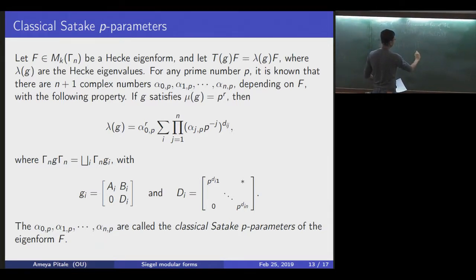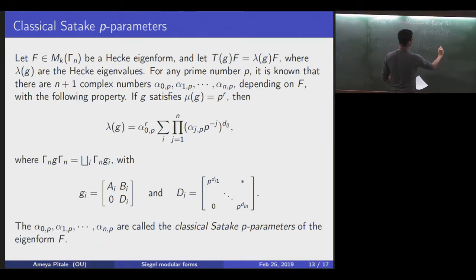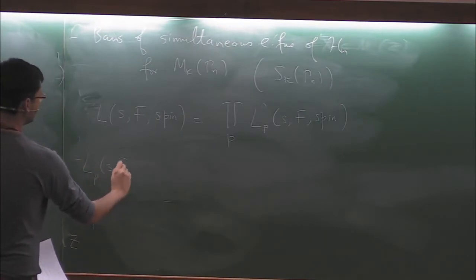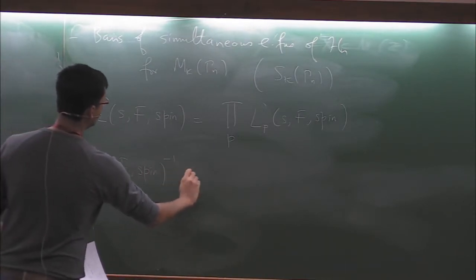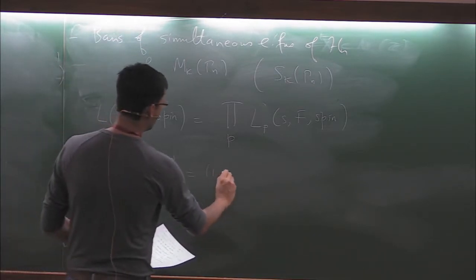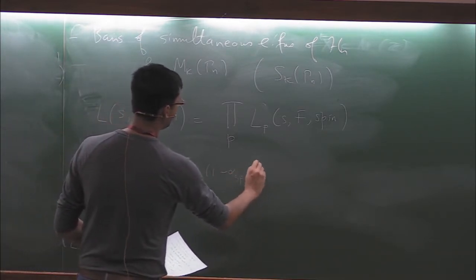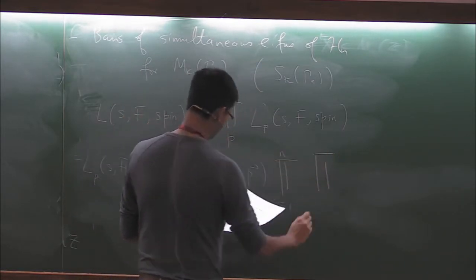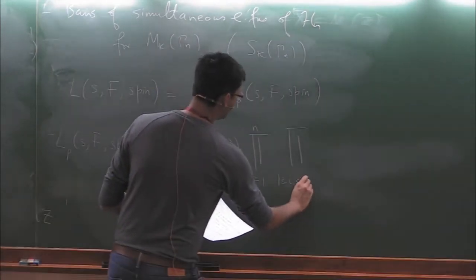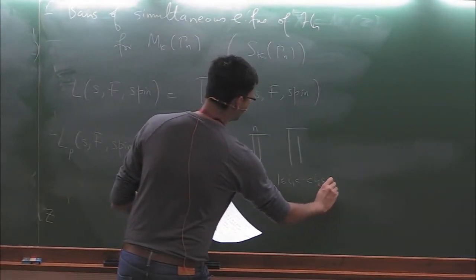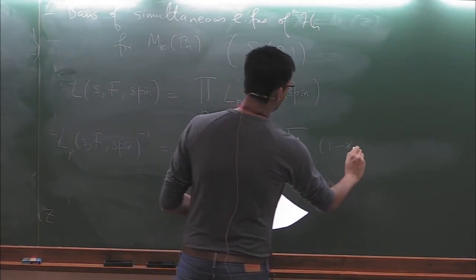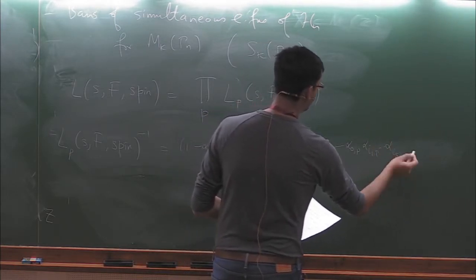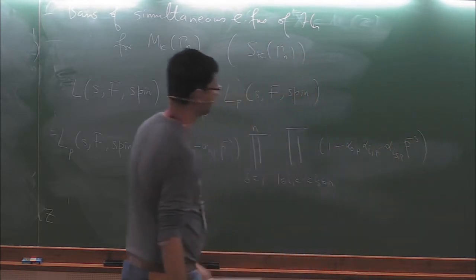This is the product over all prime numbers of L_p(s, F, spin), where each one of these factors is the reciprocal of 1 minus alpha_0 p^(-s), product over delta equals 1 to n, over 1 ≤ i_1 < ... < i_delta ≤ n, of 1 minus alpha_0 alpha_{i_1} up to alpha_{i_delta} p^(-s).